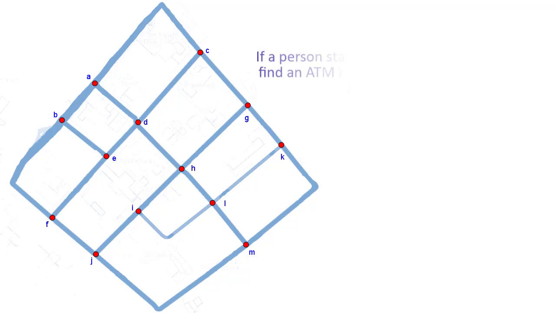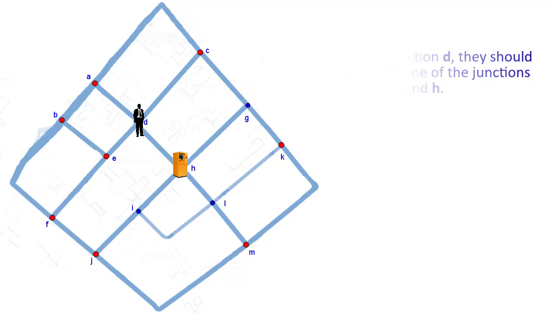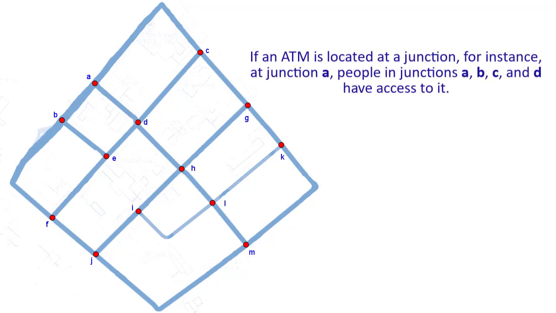Therefore, if a person stands at junction D, they should find an ATM in at least one of the junctions A, C, D, E, and H. Also, if an ATM is located at a junction, for instance at junction A, people in junction A, B, C, and D have access to it.